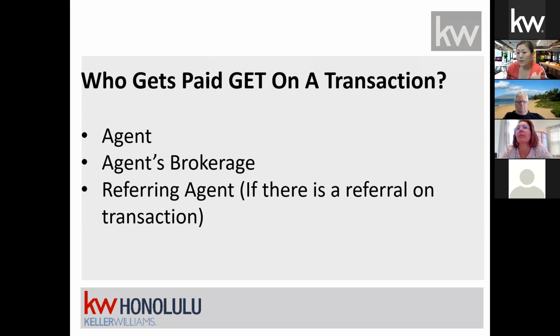That $5,000 they receive will include GET, because by law, they are supposed to be paying GET to the state of Hawaii for that referral. It's not for us to force that on them, but that's the law. They do business in the state of Hawaii, they pay GET taxes to do business. They have to report it and pay it.